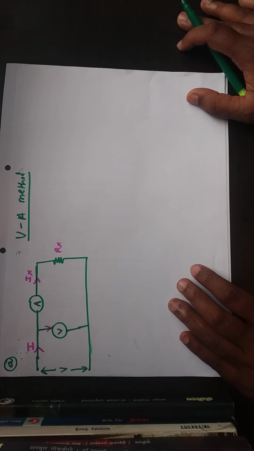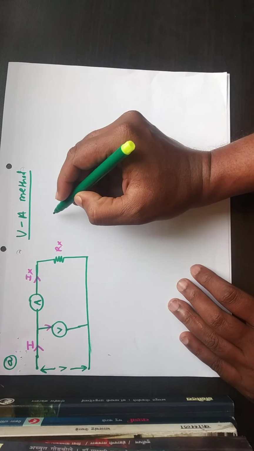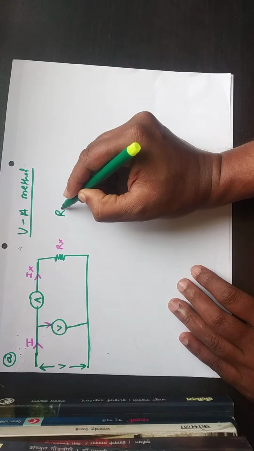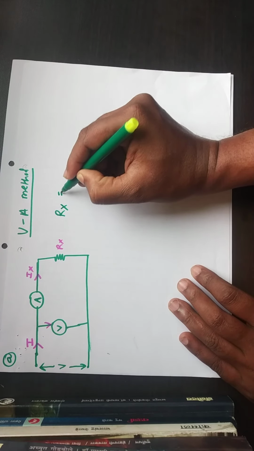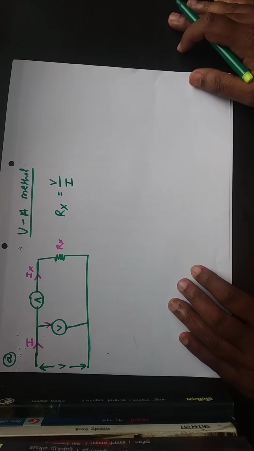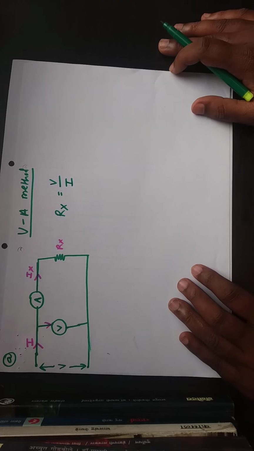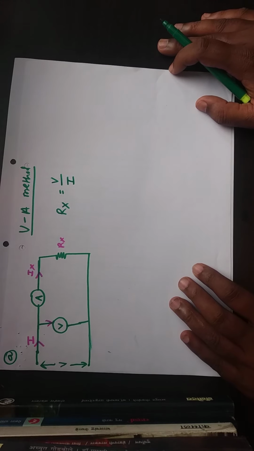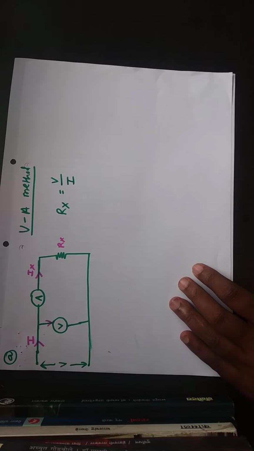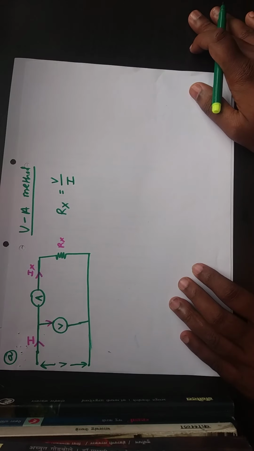Mathematically, by basic Ohm's law, the unknown resistance Rx can be obtained if you know the voltage across it and the current passing through it. This is the basic expression to measure an unknown medium resistance using the Volt-Ammeter method.